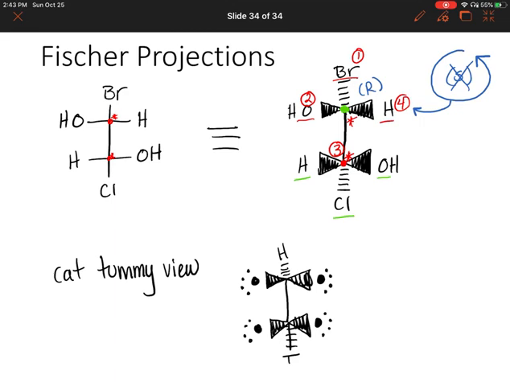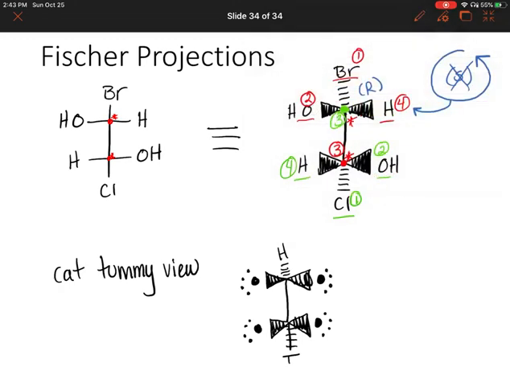Chlorine, oxygen, carbon, or hydrogen? Chlorine. And then what comes next? Oxygen, carbon, or hydrogen? Oxygen comes next, and then carbon, and then we have hydrogen.